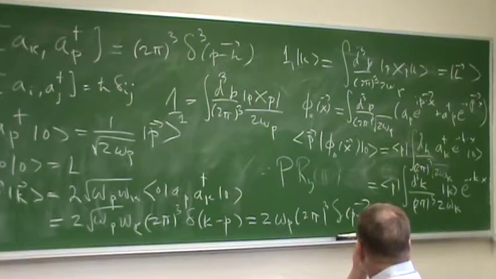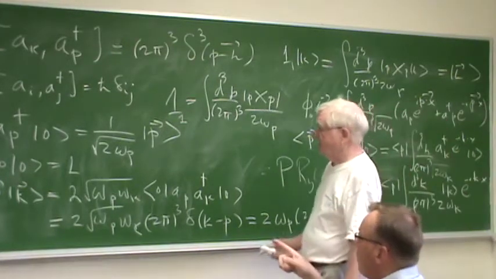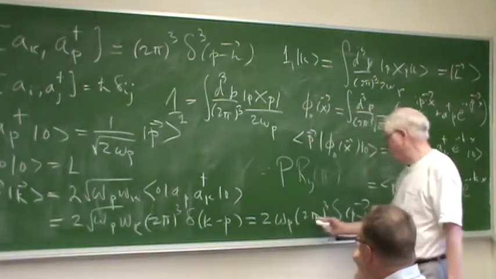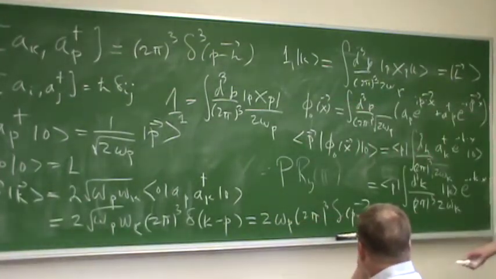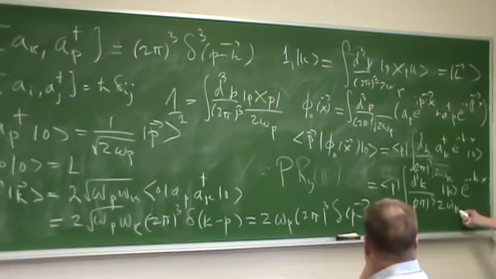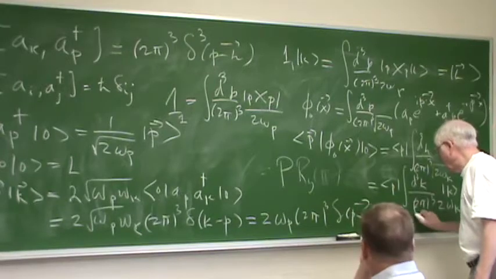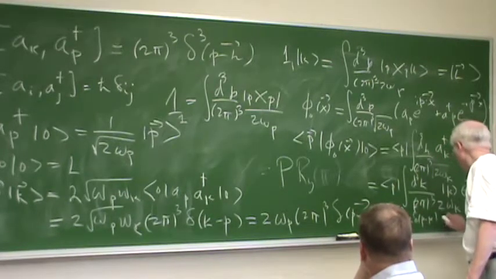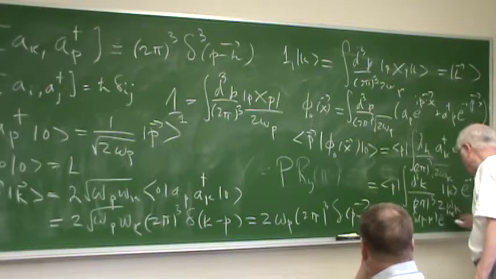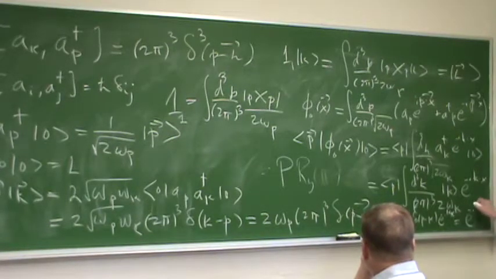And well, p on k, the inner product, is 2 omega (2π)^3 delta function. Well, that exactly cancels all of this. And we then just get an integral d^3k delta p minus k e to the minus i k x. And that just gives us e to the minus i p dot x spatial.